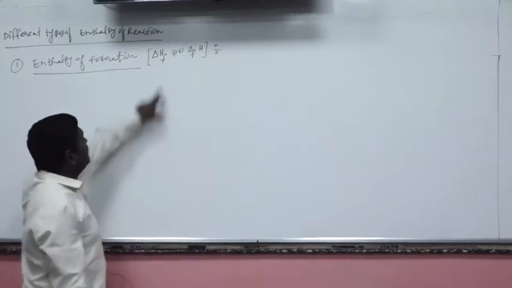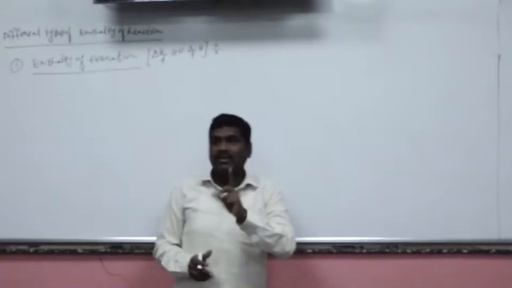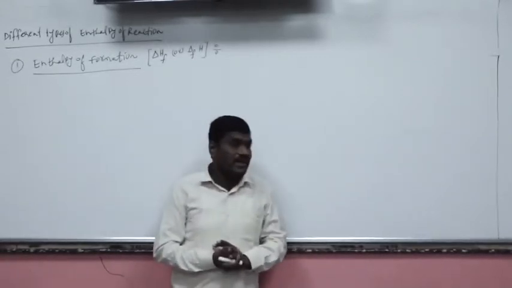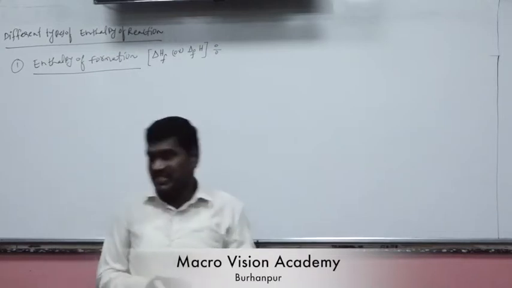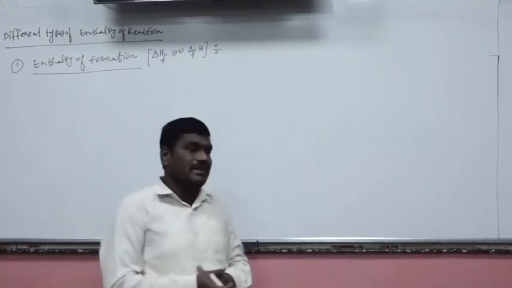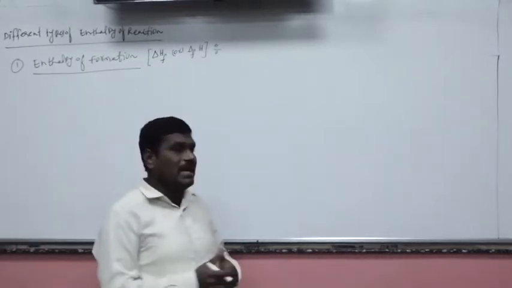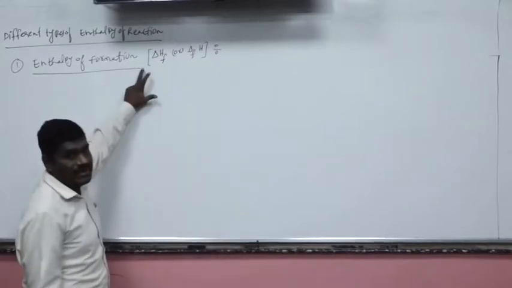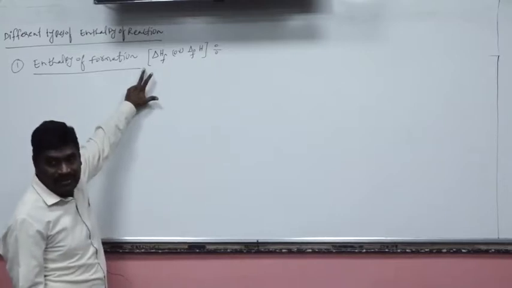Here, basically, by seeing this symbol, f stands for formation, delta H means enthalpy of reaction. Now, the name itself indicates formation. That is, whenever we are preparing 1 mole of a substance from its constituent elements in standard state, then the amount of heat energy either liberated or absorbed is referred to as the enthalpy of formation. Here the enthalpy of formation may be exothermic or endothermic.